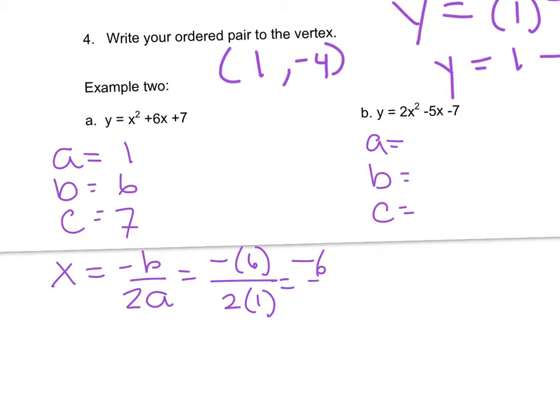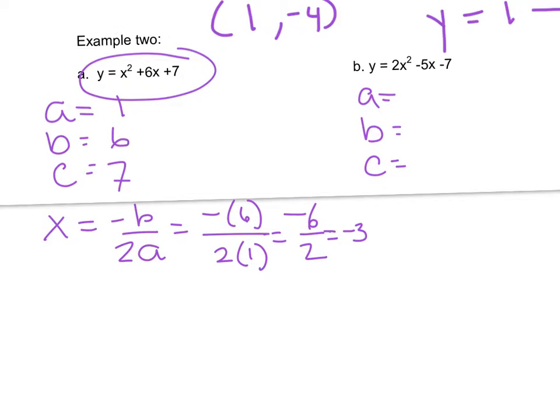Simplifying, I get negative 6 over 2, which is negative 3. The next step is to take that negative 3 and plug it back into our original problem. So in this case, we're going to have y equals negative 3 squared plus 6 times negative 3 plus 7.